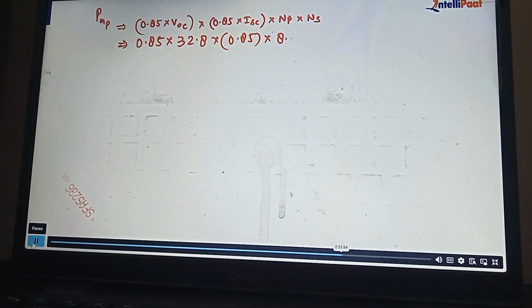ISC is 8.3 ampere. The number of parallel modules is 6, and the number of series modules which we have calculated is 22. Can you calculate it? So this is the verification.